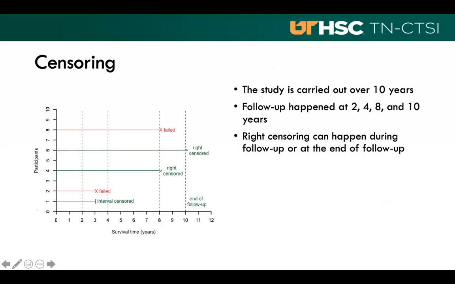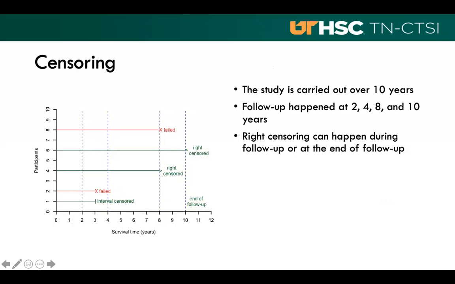So for example, if we assume this is a survival time and we have participants entering the study, let's say all of them enter the study at time 0. The first participant, for example, is censored between the time of 2 and 4, but we don't know the exact time. Probably the follow-ups occurred at time 2, time 4, time 8, and time 10.